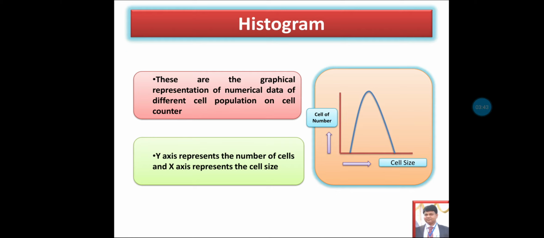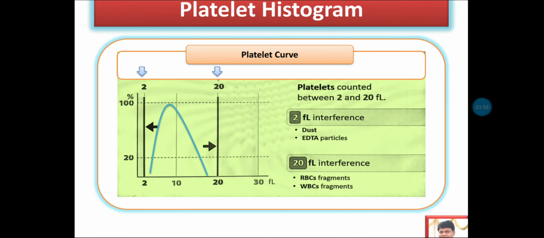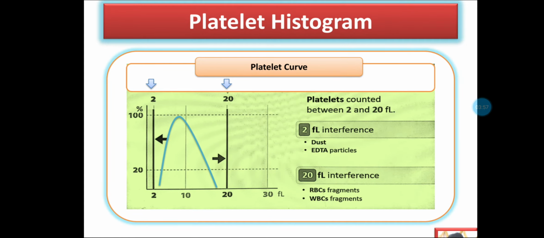In the platelet histogram specifically, the curve is situated between 2 femtoliters and 20 femtoliters, and the curve is slightly left skewed.